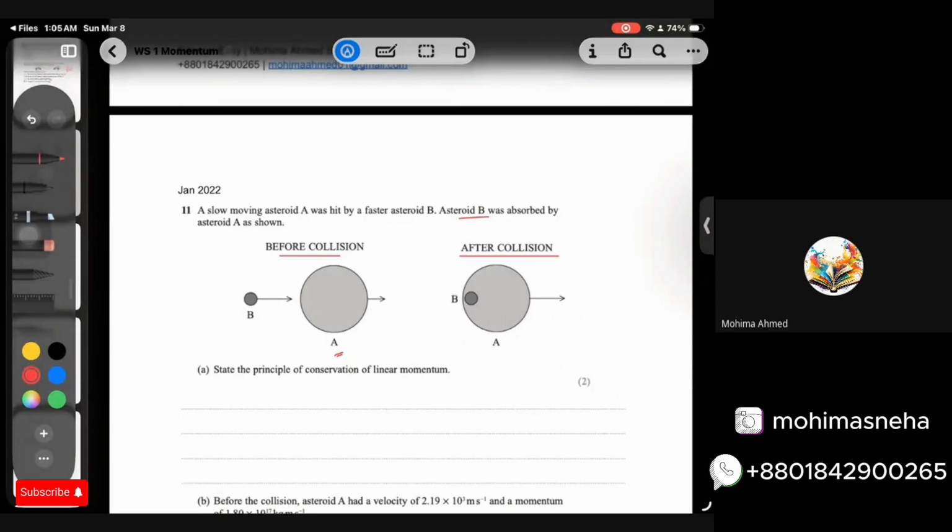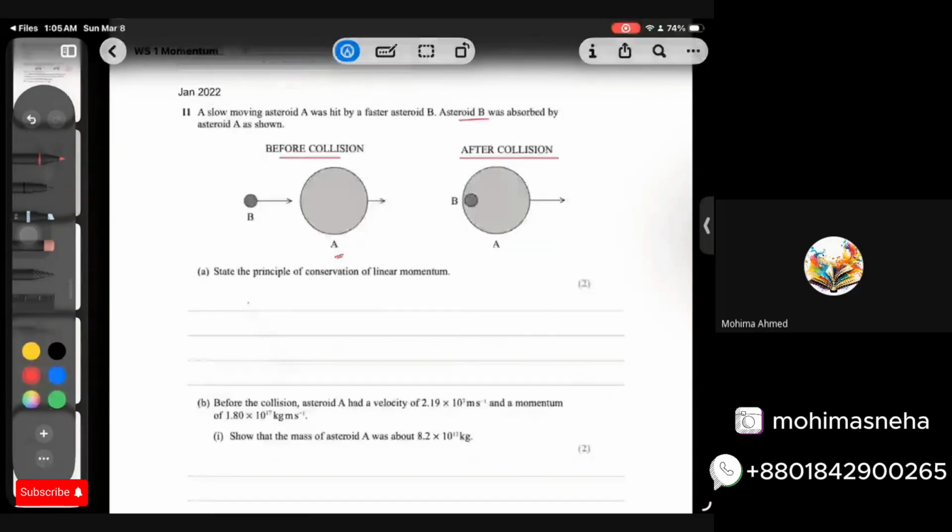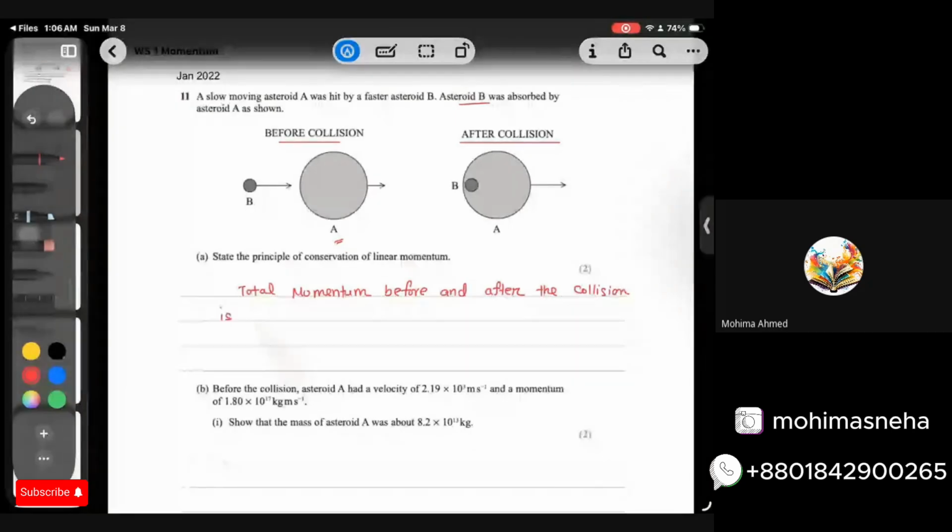It says that total momentum before and after collision should be equal, provided that no external force acts onto the system.